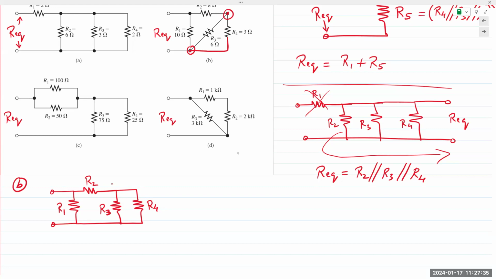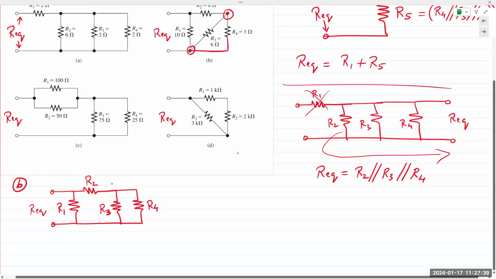So then at this point, you can simply state R4 is in parallel with R3. That parallel combination would be in series with R2. And that entire thing is in parallel with R1.